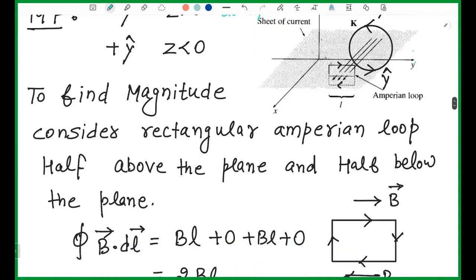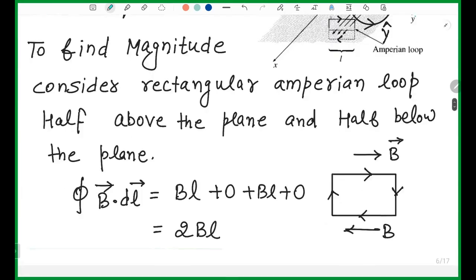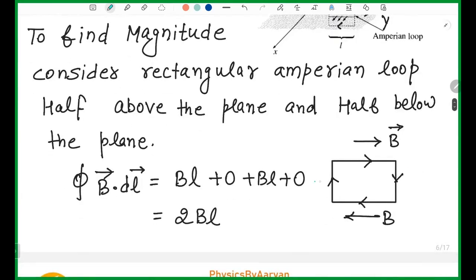So imagine a rectangle. Half of the rectangle is above the plane and half of the rectangle is below the plane. And this solid side is above the plane and this dotted line is below the plane. So this I have shown here, and your plane is cutting it from the center.